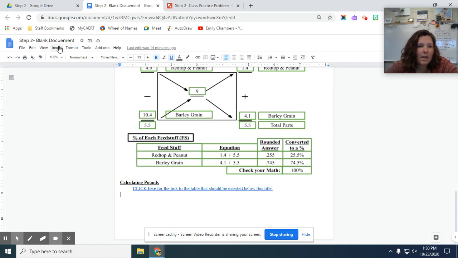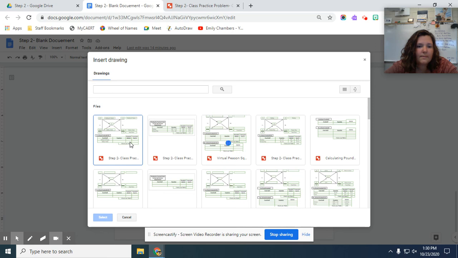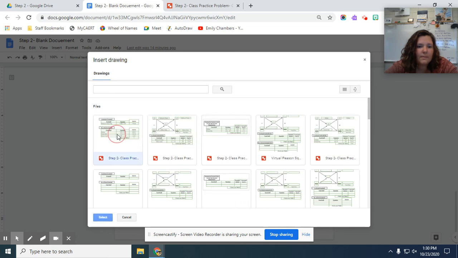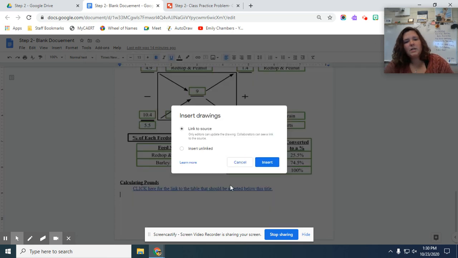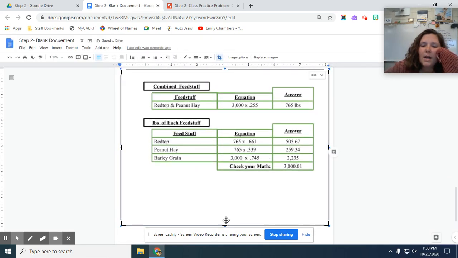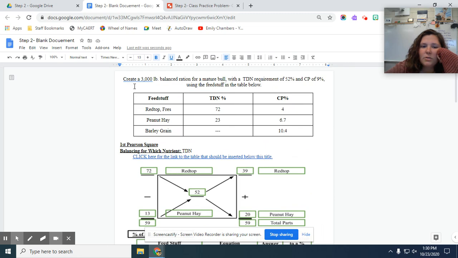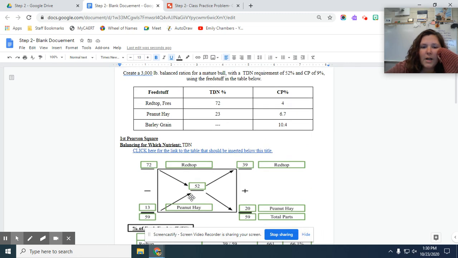And then this is the last drawing that you have to insert into here. There she is. Insert it. I'm going to cut it, like I said, and then that's your last step, and you are completely done with this. And then this is the document that you should submit to me so that I can grade it.